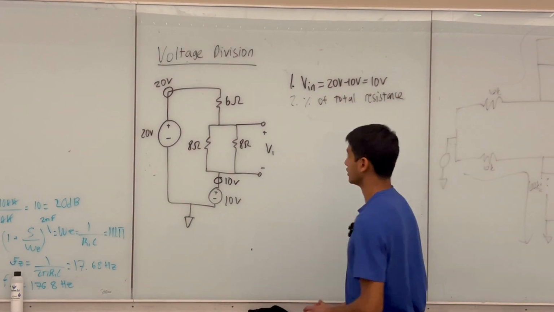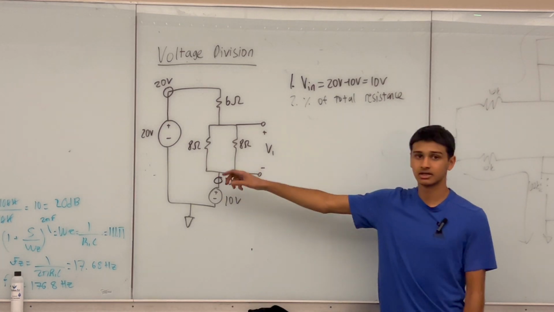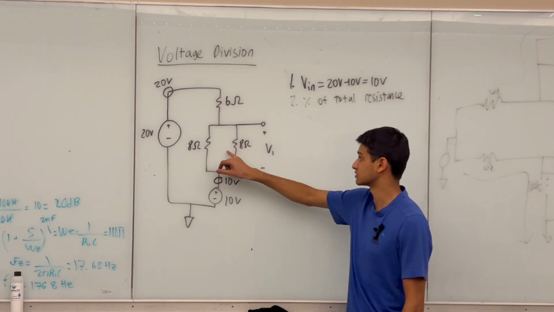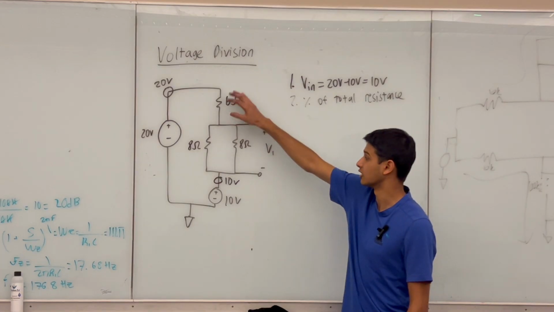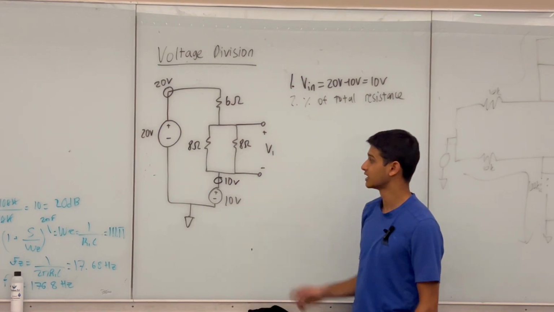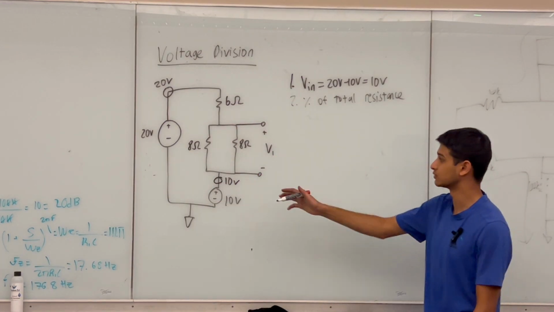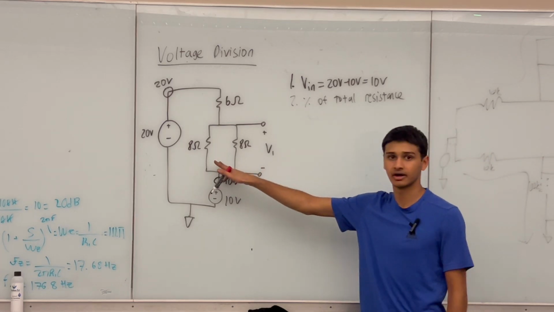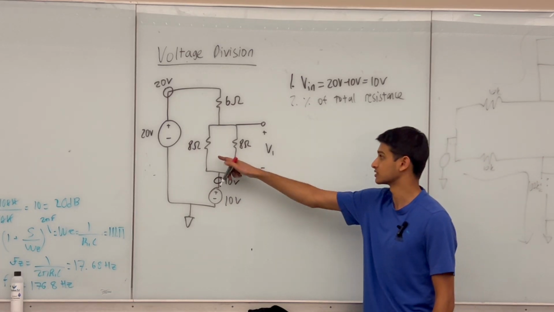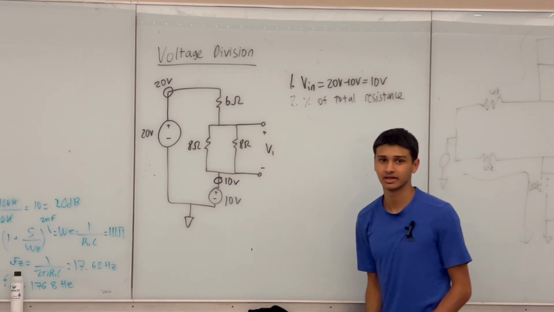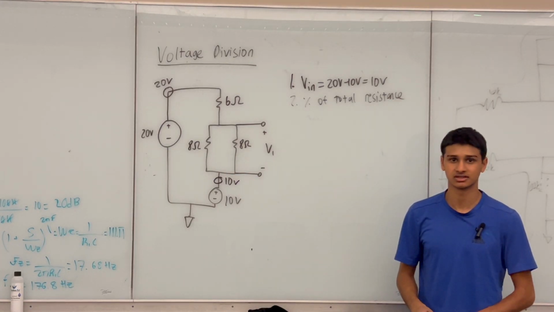But one thing you can see here is that you actually have two resistors in parallel rather than a bunch of resistors in series. One thing you can easily do here is simplify these two 8 ohm resistors into one resistor that's an equivalent resistance.